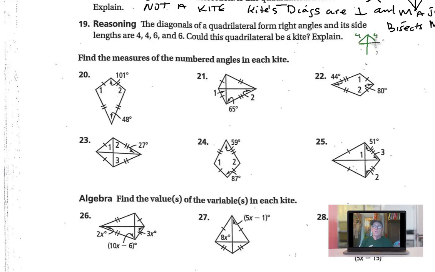You got the two 4s and you got the two 6s. Yes, it is a kite. You also have perpendicular diagonals, along with the major bisecting the minor. So that's going to work out.